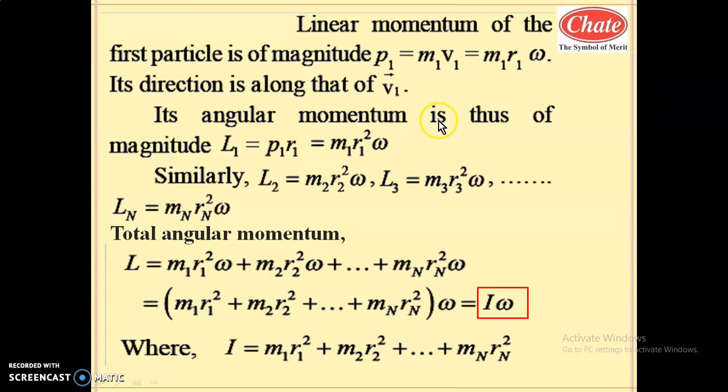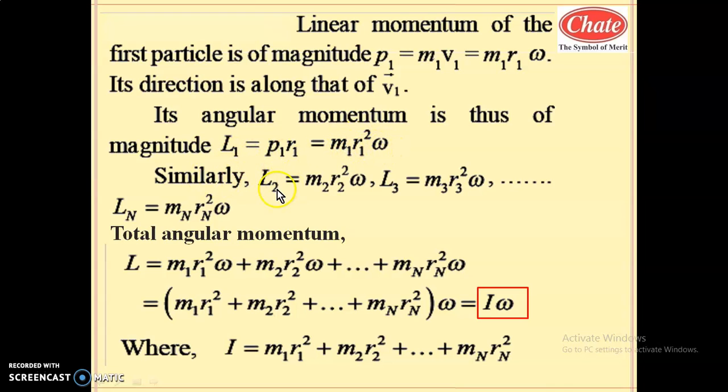Angular momentum of the first particle is thus of the magnitude r1 p1 or p1 r1. But what is p1? p1 is m1 r1 omega, into r1, that gives you m1 r1 square omega. So angular momentum for the first particle is m1 r1 square omega.